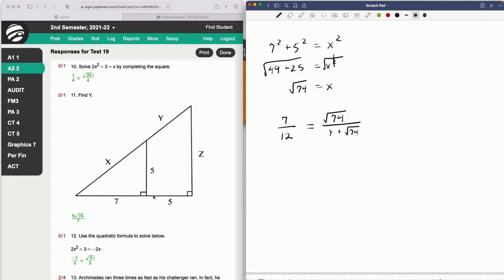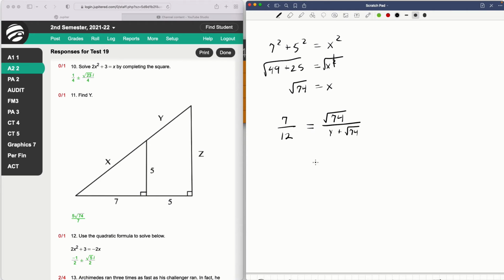All right, and then we put the 7 over 12 to give us this part, and this is the x, and this is the x. That first little triangle, those are the dimensions that have something in common. All right, so now we just cross multiply and solve.